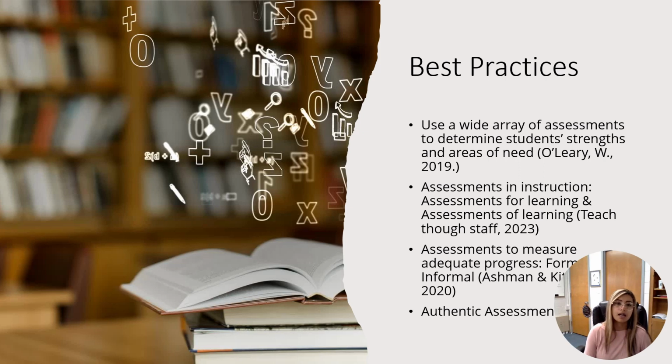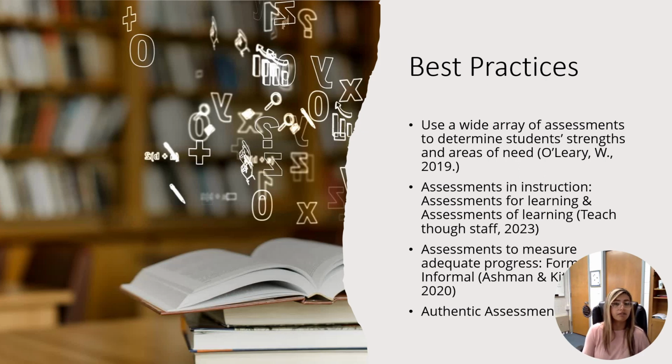So when there is eligibility for special education services, informal assessments can be used to give us instant feedback on how the student is learning and progressing towards their learning goals.